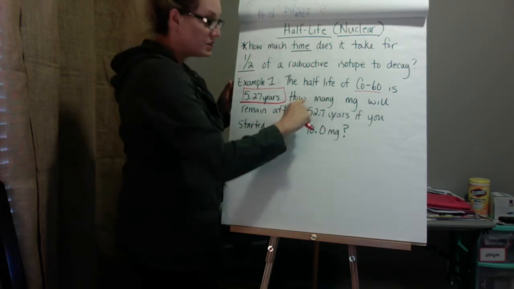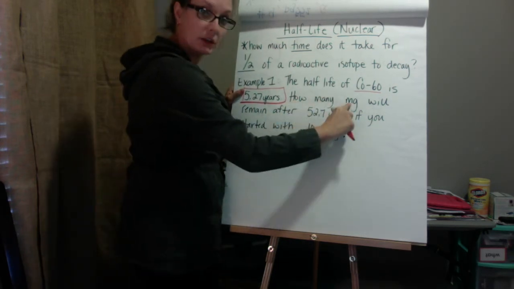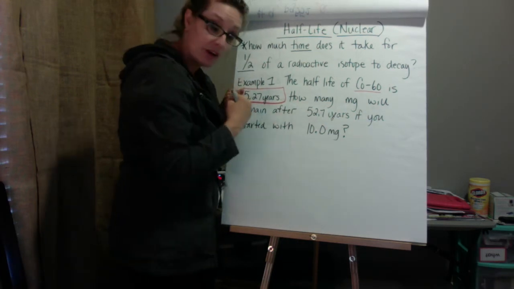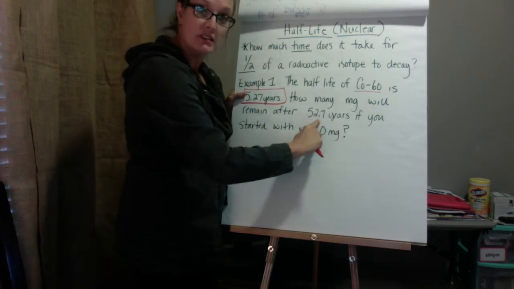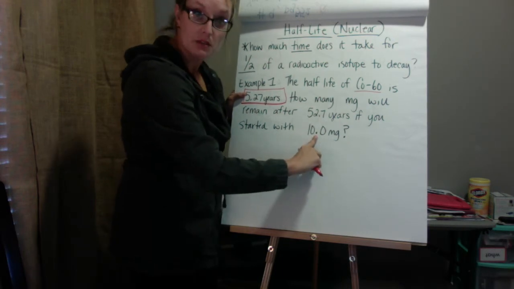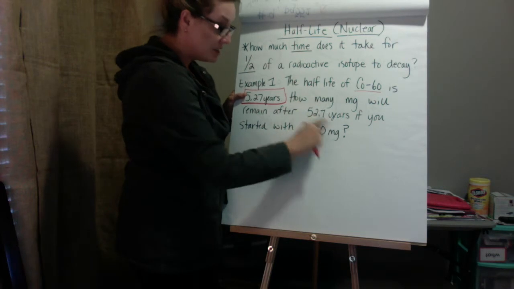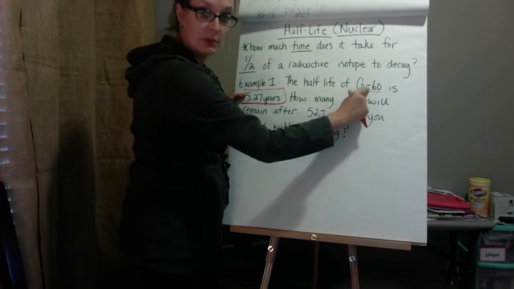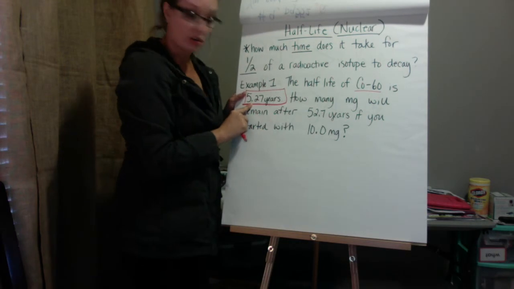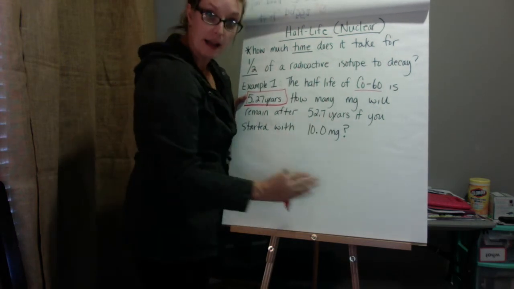Okay? So the question is asking you, how many milligrams will remain, be left over, after 52.7 years goes by if I started with 10 milligrams? Okay? So you have 10 milligrams of a sample of this isotope, but it takes 5.27 years for this amount to go down by half.